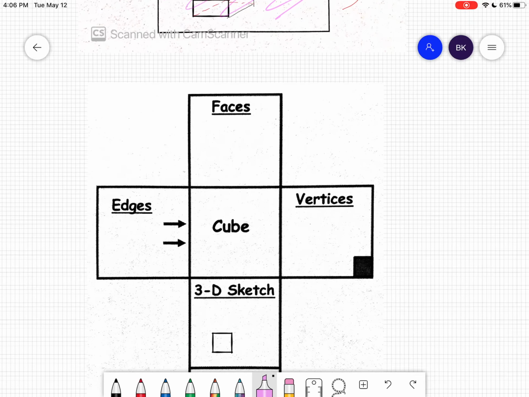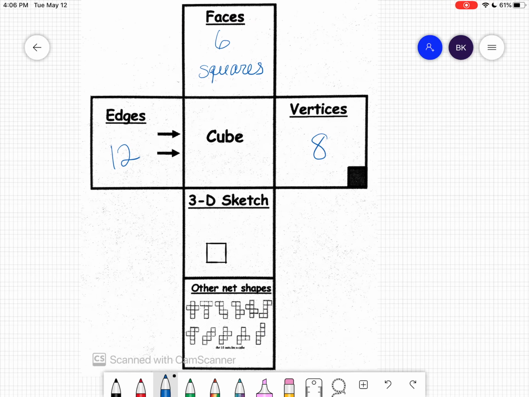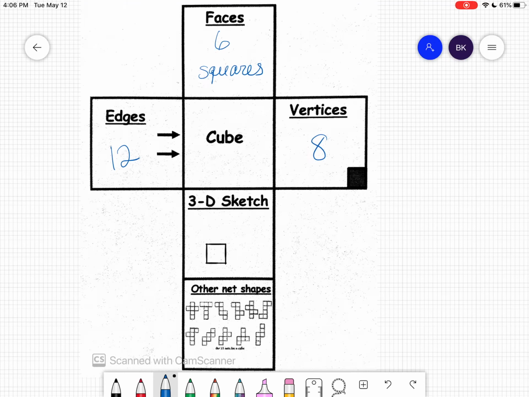Okay, so really quickly, just to remember, cubes have six faces that are squares, the same size. Every side has the same length. It has 8 vertices or corners. It has 12 edges.